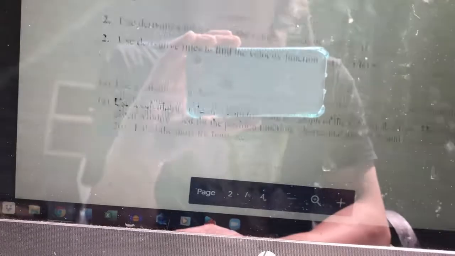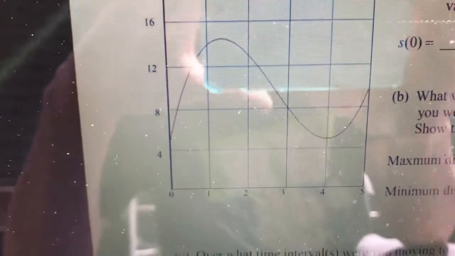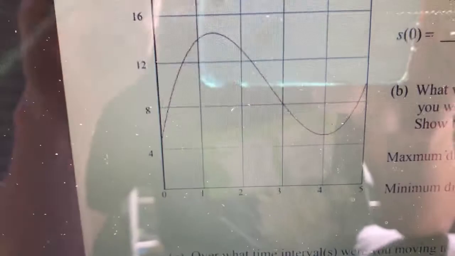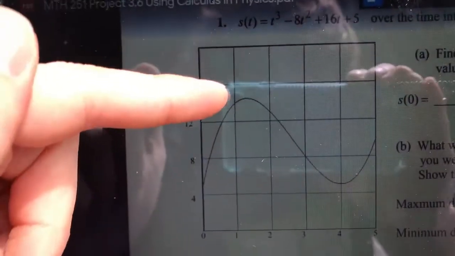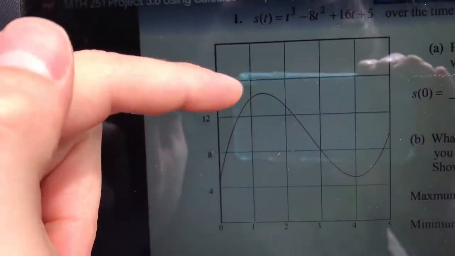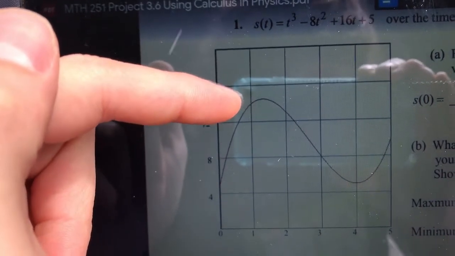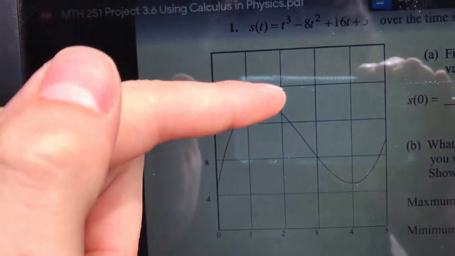So if we look at the graph of s of t, at the point t is 1 hour, the tangent line has a slope of 3, which is also a velocity of 3 miles per hour.